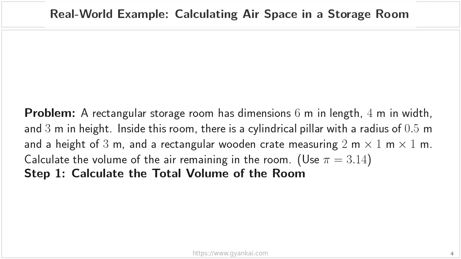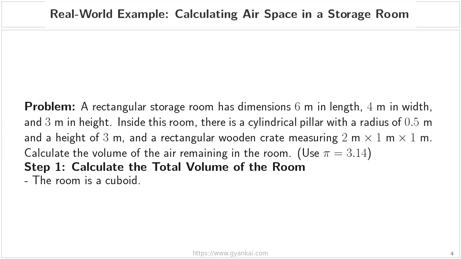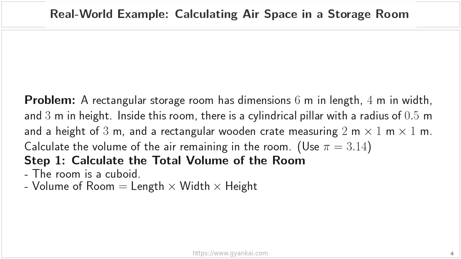To solve this, we will follow the systematic process we just reviewed. Step 1 is to calculate the total volume of the outer structure, which in this case is the room itself. Since the room is a cuboid, we use the standard formula. Volume of the room equals length times width times height.